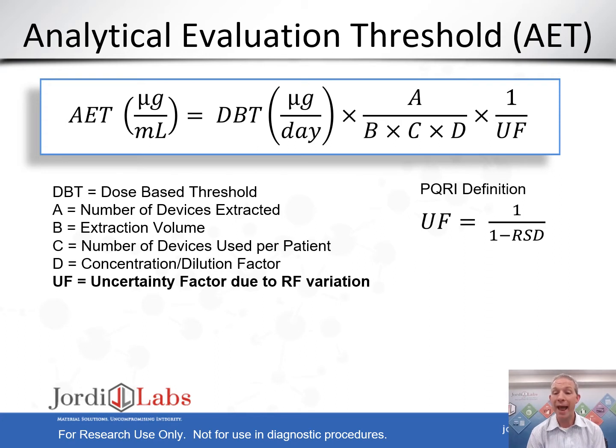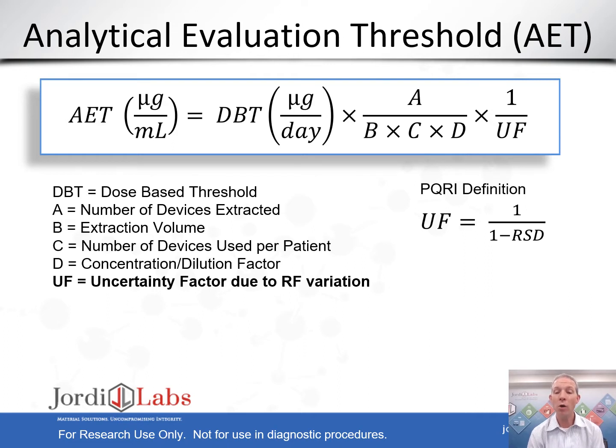Now, the question can be asked, how low do we need to go when we are doing an analytical evaluation of extractables and leachables? What is the correct LOD? The industry has defined the analytical evaluation threshold, or AET, to answer this question. The equation is shown here, and we note that it contains a dose-based threshold as well as a series of parameters related to the device and the extraction process.